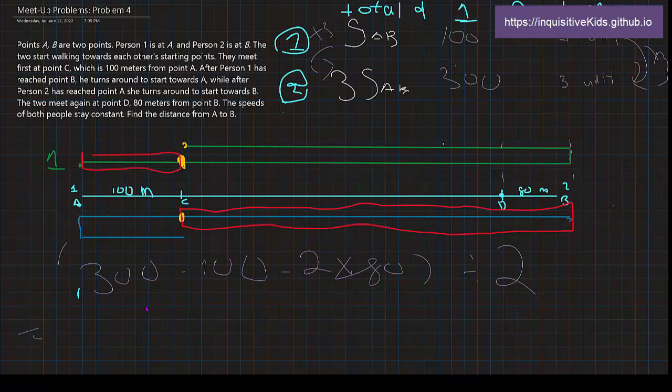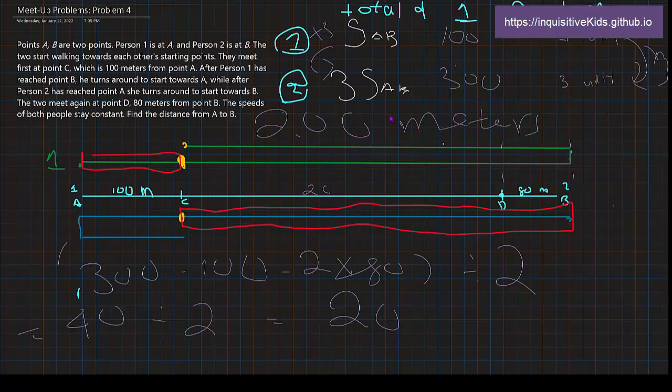So this is equal to 200 minus 160, which means 40 divided by 2, that equals 20. So this part is 20. And if we add them up, that's 200. So the distance from A to B is 200 meters. And that is the answer to this problem.